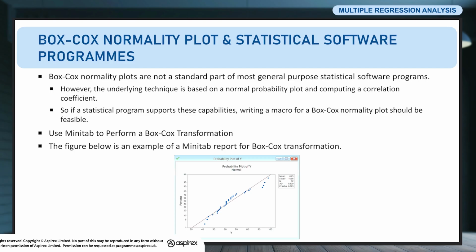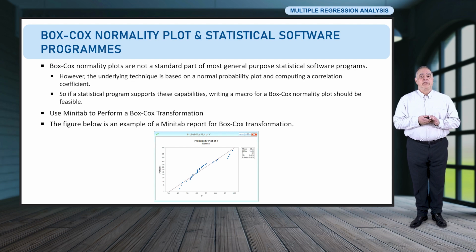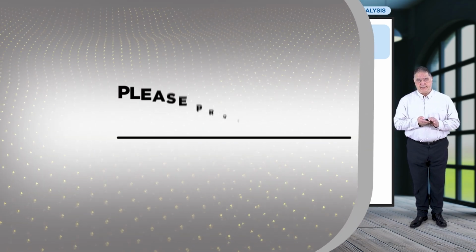So, if a statistical program supports these capabilities, writing a macro for a Box-Cox normality plot should be feasible. For example, you can use Minitab in order to perform a Box-Cox transformation, and the figure that we have posted on the slide is an example of a Minitab report for this type of transformation.